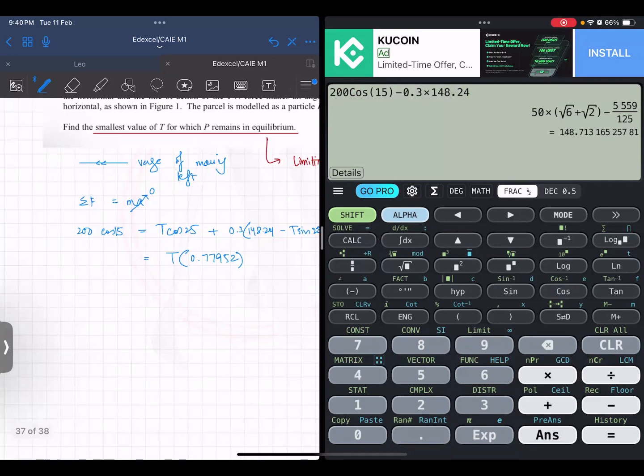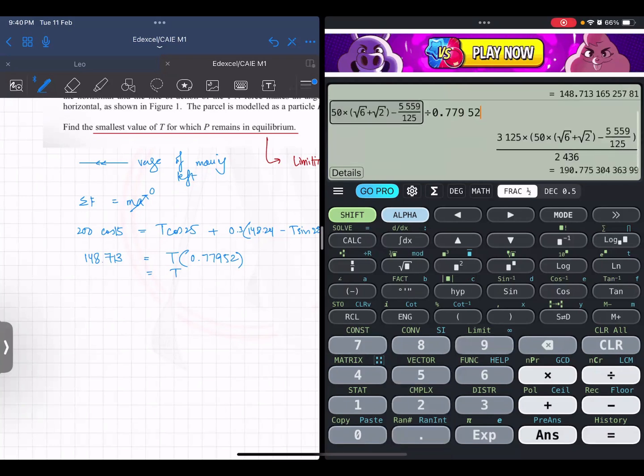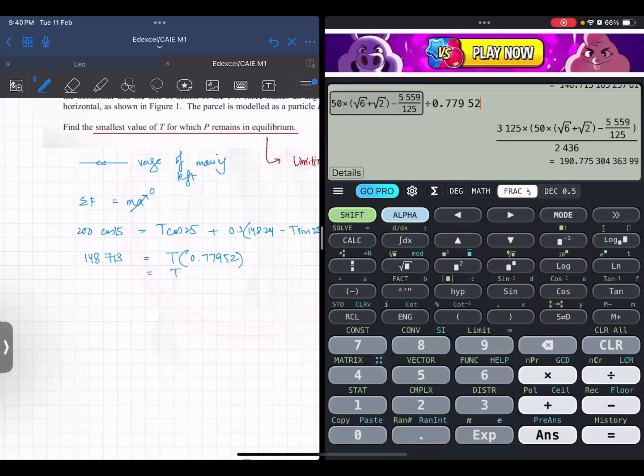So you're getting 148.713. So T comes out as this answer divided by 0.77952, which is 190.78. And correct to 3 significant figures, 191 Newton.